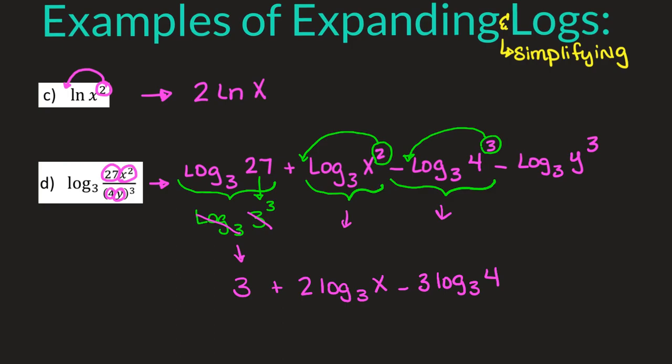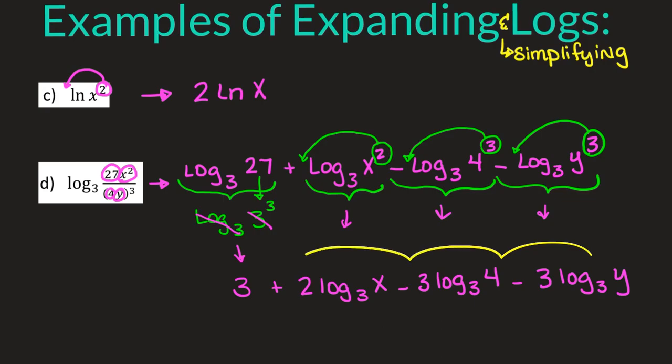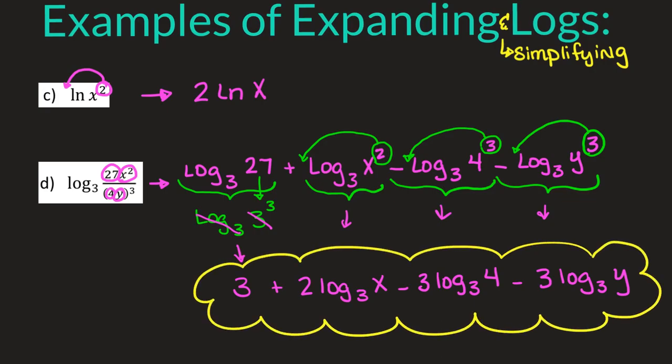And then our last term, let's evaluate that one and see if there's anything we can do with that. Again, it doesn't look like anything, so we're going to take this 3 as an exponent and put it in front as well. And that will give us our last term of minus 3 times log base 3 of y, making this our final answer, our simplified version in expanded form.